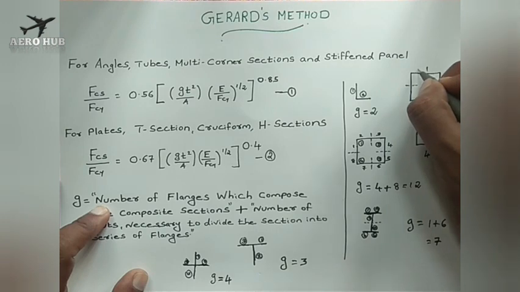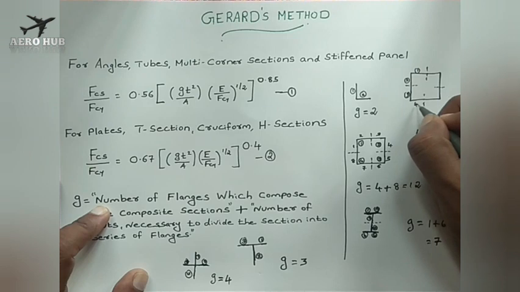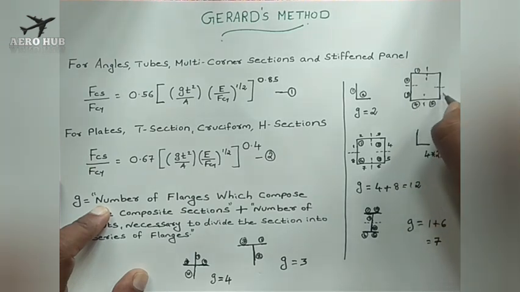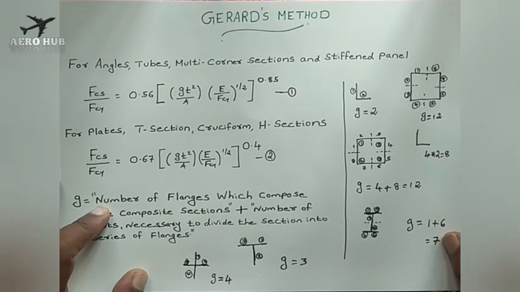Then we have flanges: flange 1, 2, 3, 4, 5, 6, 7, 8. We have 8 flanges plus 4 cuts, so the value of G will be equal to 12. This is the method to find the value of G for the sections.